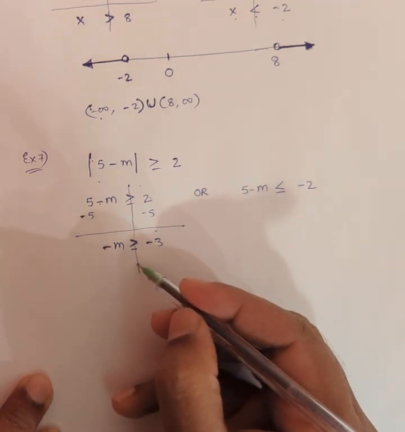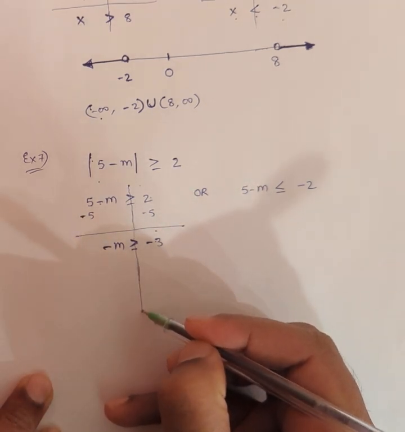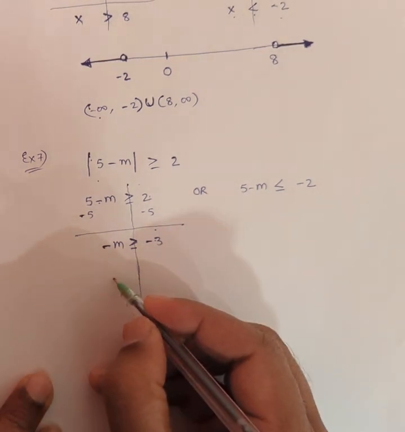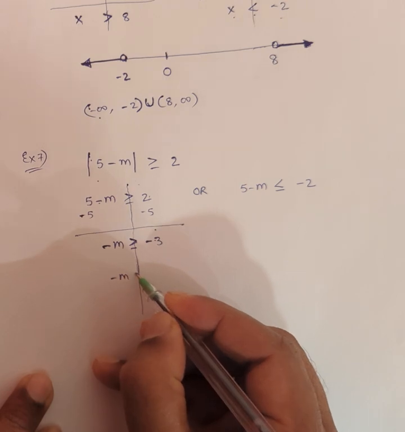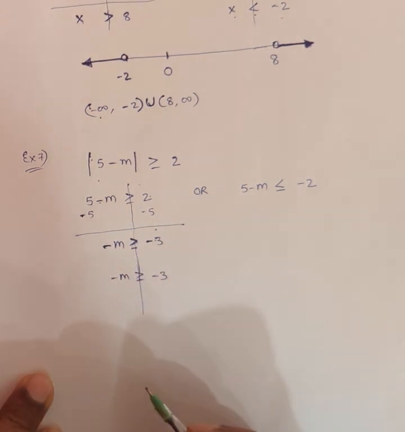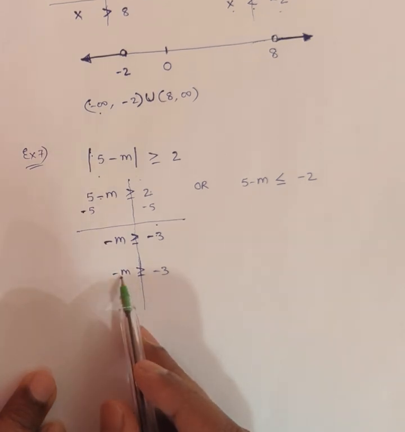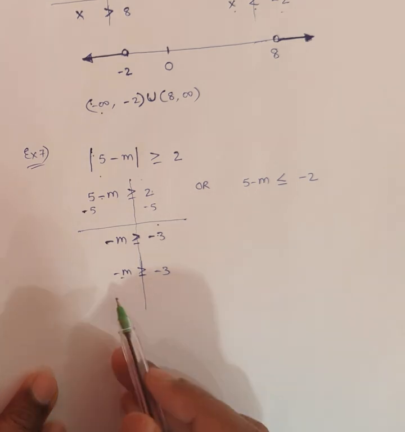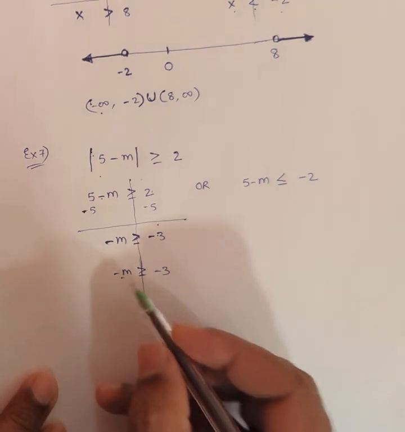And now I got to go a step further because I got to get rid of the negative one. So let me copy that inequality first. And then how do I get rid of the negative in front of m? You can say that you can divide both sides by negative 1.